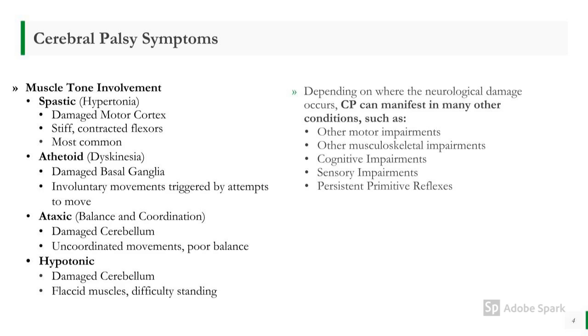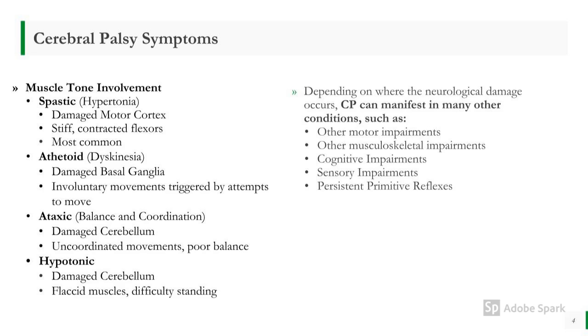The location of the CP lesion is very important. You can see on the left-hand side, the first line underneath all the different types of muscle tone involvement, that the type of CP that the patient incurs is dependent on where the lesion actually is in the brain. On top of that, when the lesion damages a certain area, it can also damage other structures in the brain around that area.